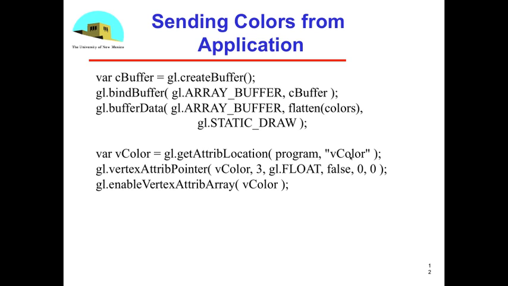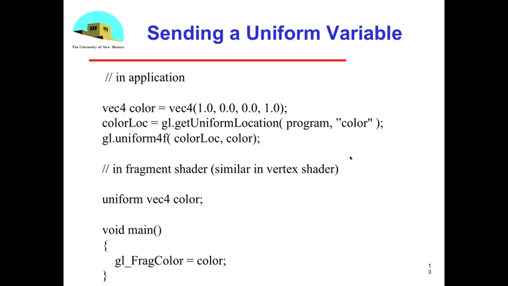Now, uniform variables are a little more straightforward because they're not changing, and it's usually just one value. It's not an array that we're sending over, so we don't have to worry about a buffer. Here's a simple example where what I want to do is make the entire primitive have this red color.